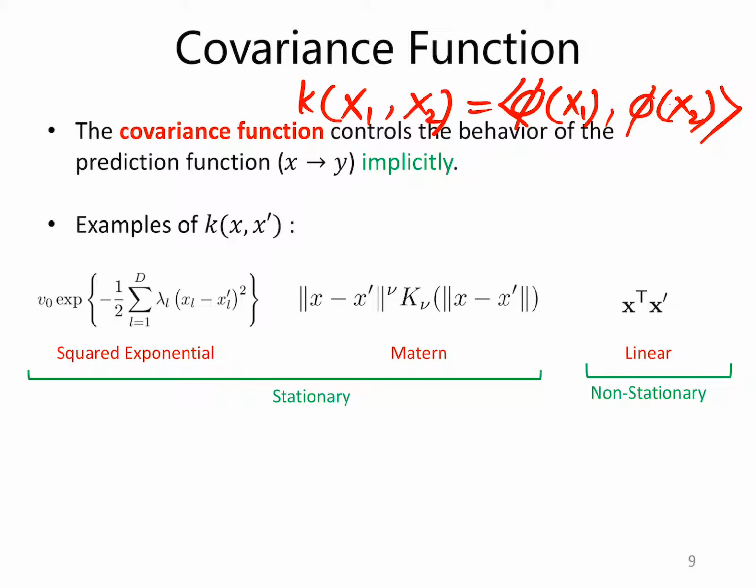This is my covariance function. There are several very useful, very common examples. A very simple example is the linear function. If I don't do any featurization and just use x, with no feature extraction so phi(x) is x, then my k is the set of all linear predictors.